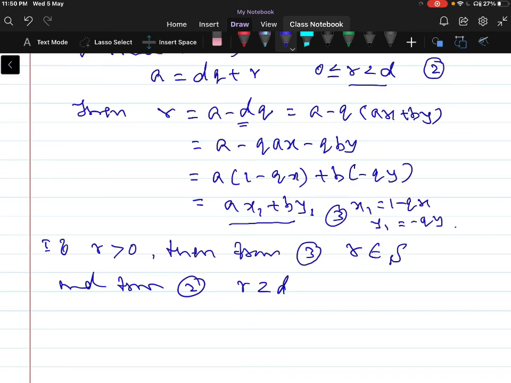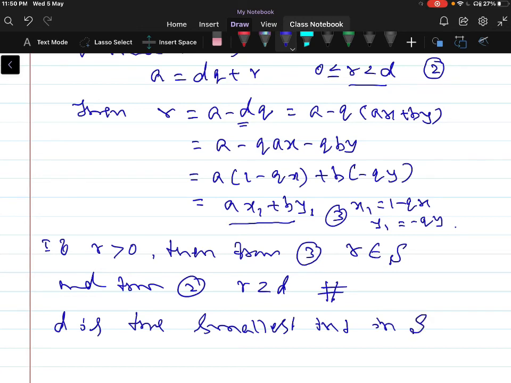This is a contradiction to the fact that d is the smallest integer in the set S. Therefore, r is not greater than 0. Hence, r is equal to 0.